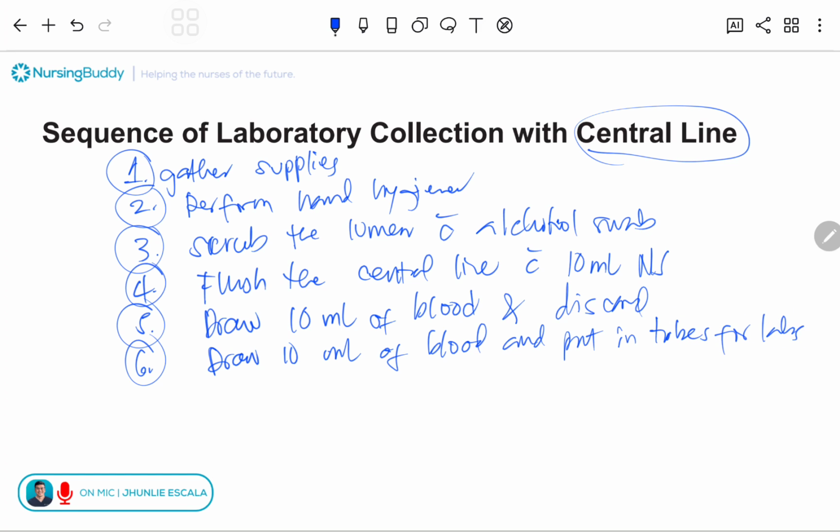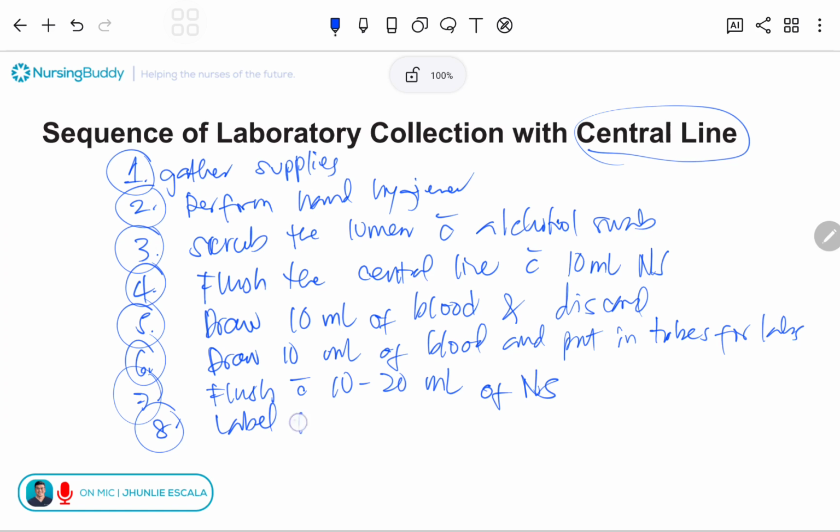That's it, kapatid. And next, number 7, class, flush. We need to have this one flushed with 10 to 20 ml of normal saline. And number 8, class, label tubes with the proper, ano yung ilalagay natin?